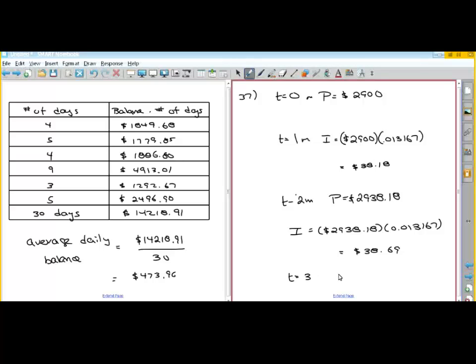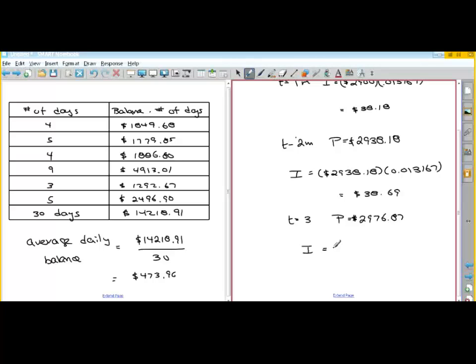Okay, so that means at the end of 2 months, for the third month, my new principal is going to be this plus that. So I add 38.69 to 2,938.18, and my new principal is 2,976.87.